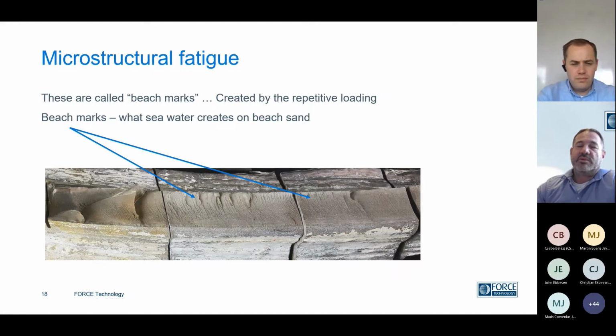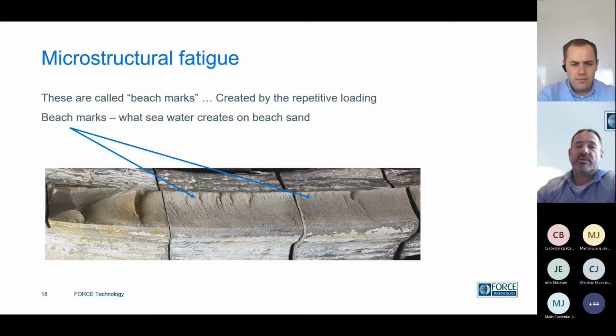typically in fatigue, we've got something called beach marks, and they are created by this repetitive loading and unloading. It's called beach marks because it's very similar to the sea, to the waves.